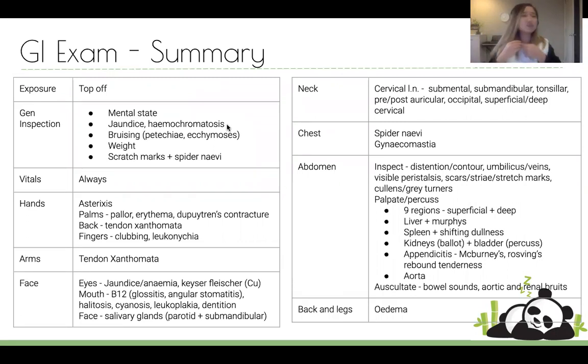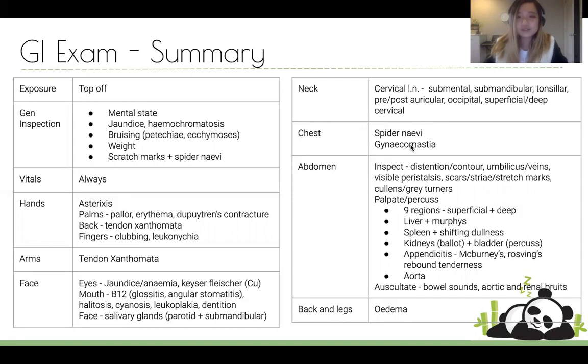Deep cervical, get them to turn their head and then dig your fingers in a little bit more. And then, I didn't write this, but posterior cervical, you can feel along the backs of their traps, and then supraclavicular. You can get them to shrug their shoulders and then dig your fingers in right here. And then that's all for the neck. So that should be really quick.